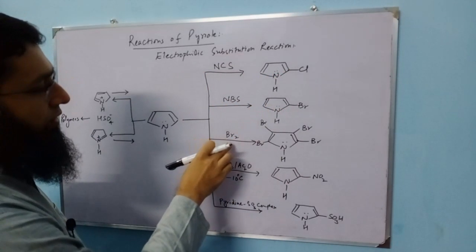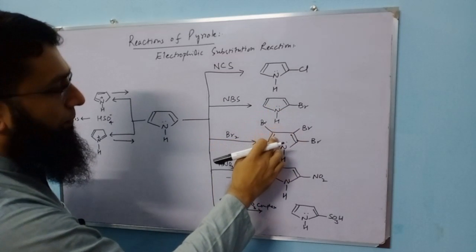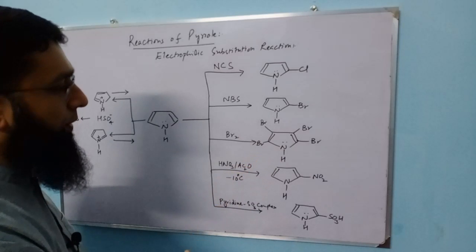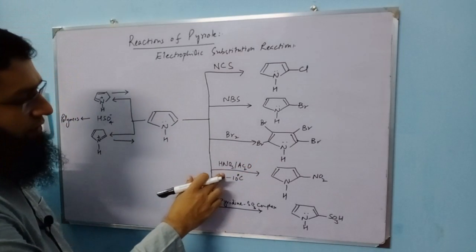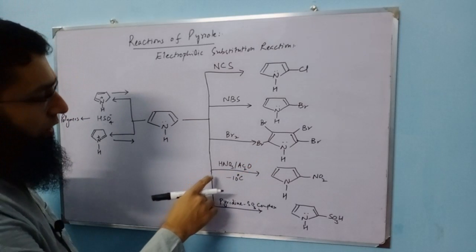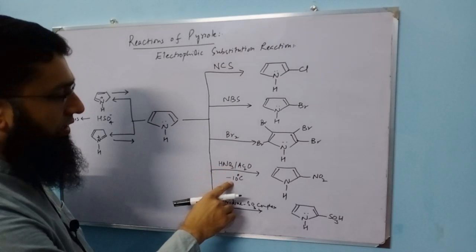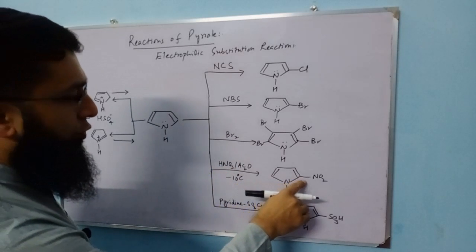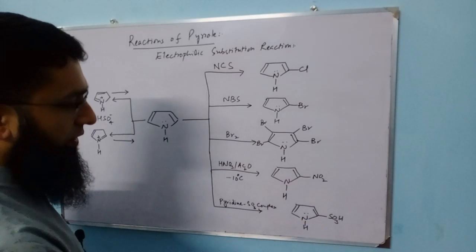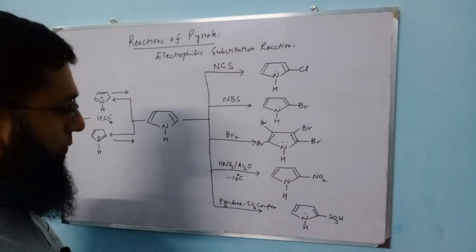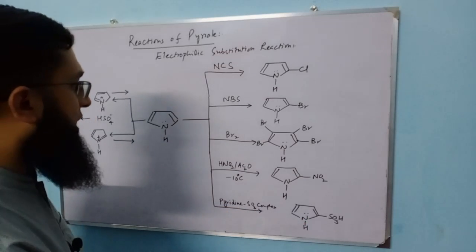When bromination is carried out with bromine, 2,3,4,5-tetrasubstituted pyrrole is obtained. Nitration can be carried out in the presence of nitric acid in acetic anhydride at -10 degrees centigrade, and 2-nitropyrroles are obtained. And sulfonic acid derivatives of pyrrole can be obtained through pyridine sulfur trioxide complex.